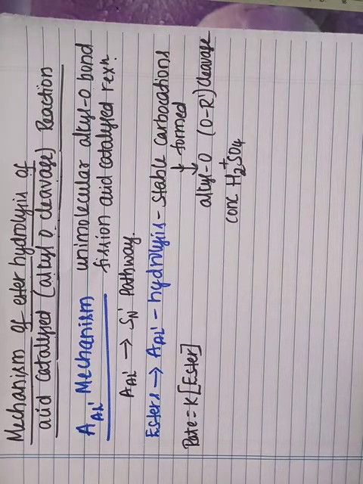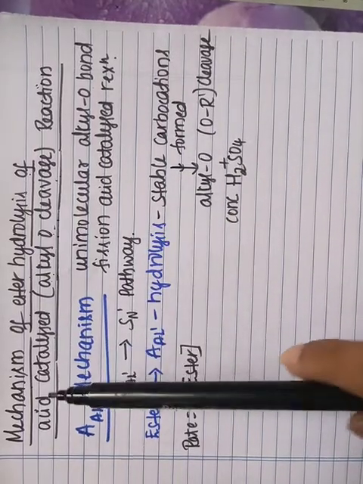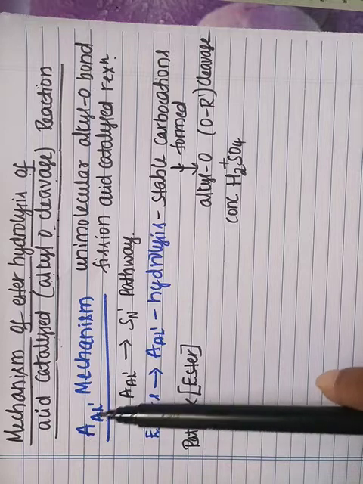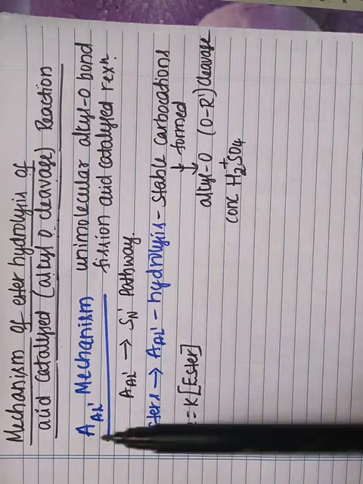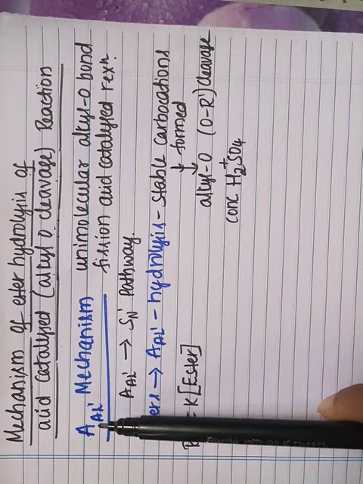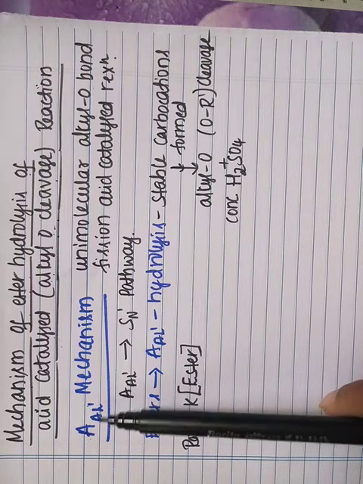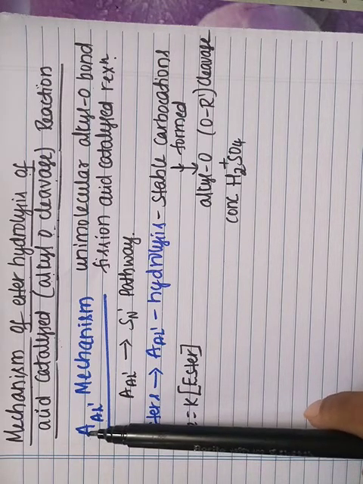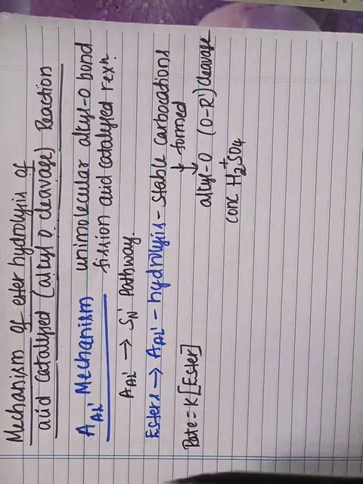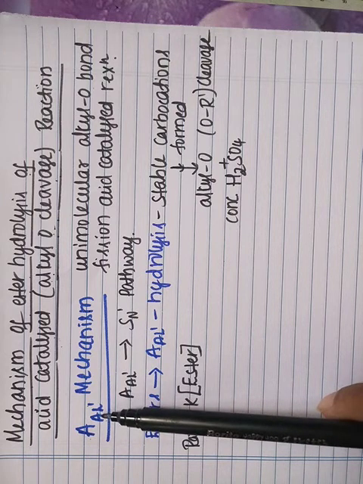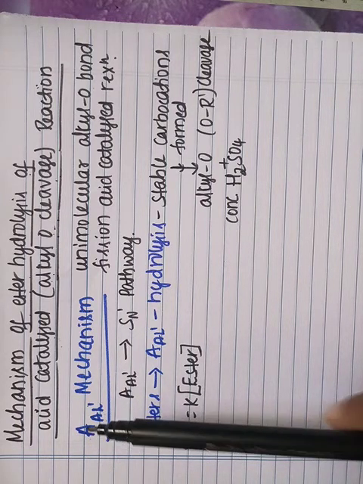The mechanism for this acid catalyzed reaction is the AAL1 mechanism. The 1 stands for unimolecular, AL represents alkyl oxygen bond fission, and A represents acid catalyzed reaction. That is, unimolecular alkyl oxygen bond fission acid catalyzed reaction.